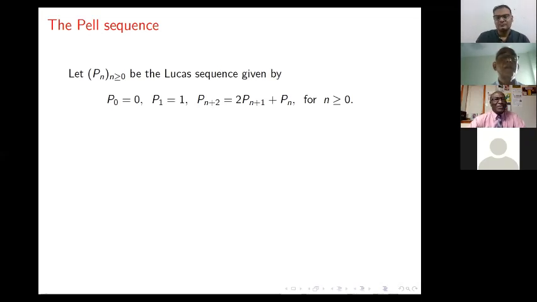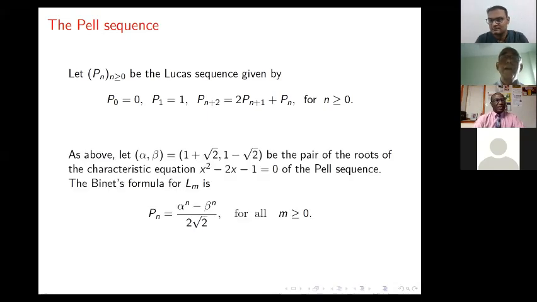The third sequence that I will talk about is the Pell sequence. The Pell sequence is defined by the initial terms P0 equal to 0, P1 equal to 1, and Pn plus 2 equal to 2 Pn plus 1 plus Pn for n greater or equal to 0.